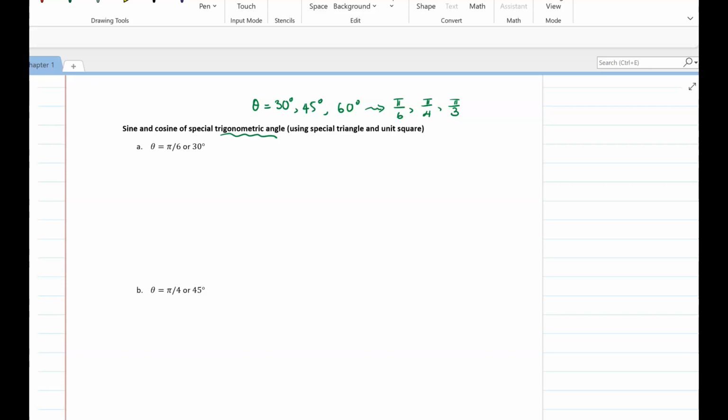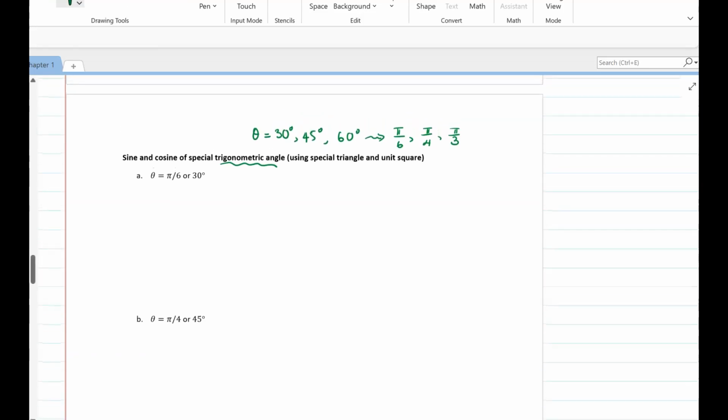First, I want to find sine and cosine of 30 degrees. Let's say I have a unit equilateral triangle, which means all sides here are 1, and each of these angles is 60 degrees because we have an equilateral triangle. With the property of the equilateral triangle, if I drop the altitude from one vertex to the opposite side, it will split this side into two equal parts.